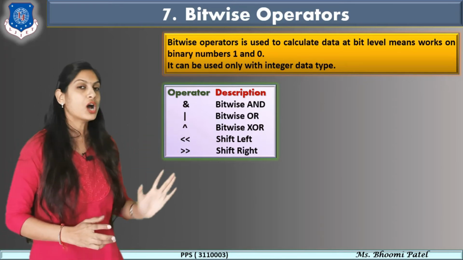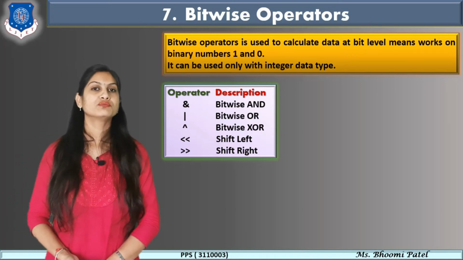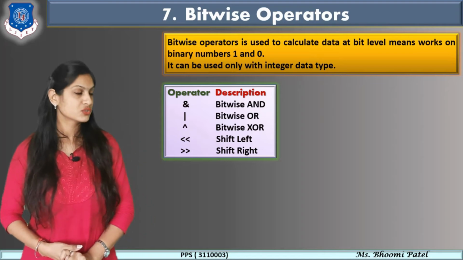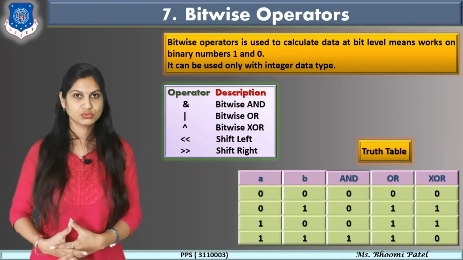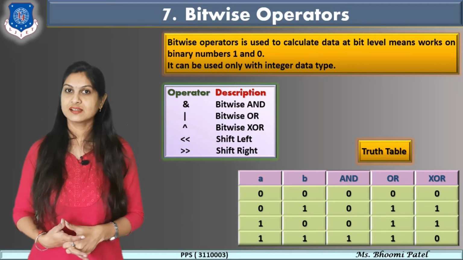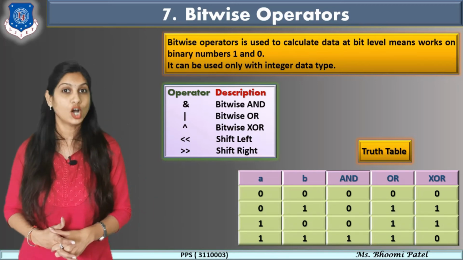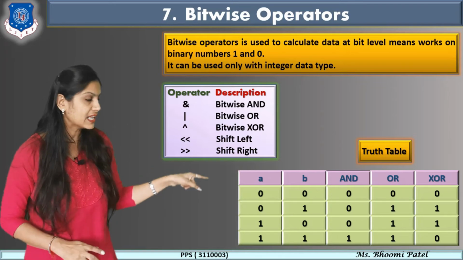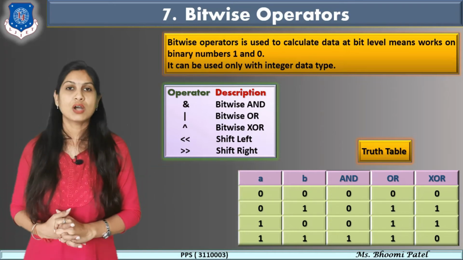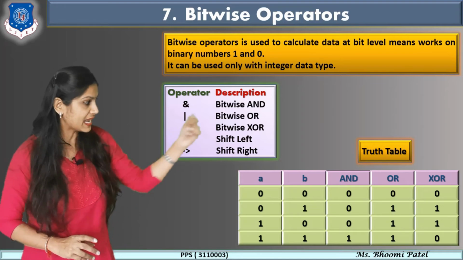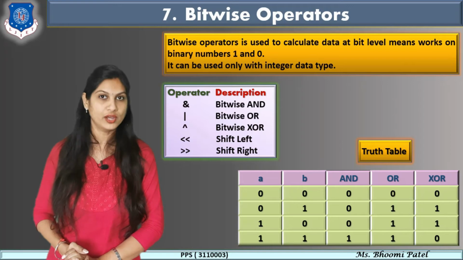So all these operators are used for binary values, 0s and 1s. Here I also mentioned the truth tables. The AND and OR gates we already discussed in logical operators. Double AND for logical AND and single AND for bitwise. How it is executed, you all know, but next one is exclusive OR.